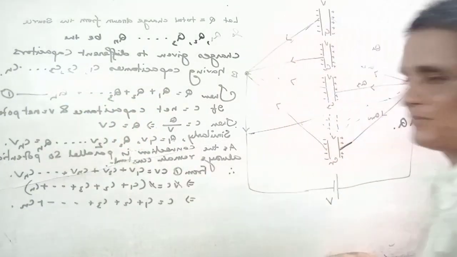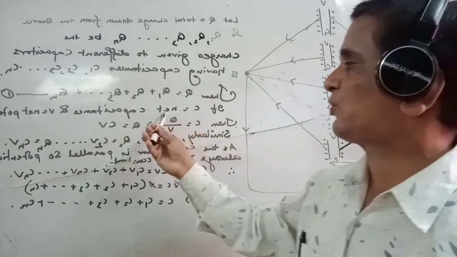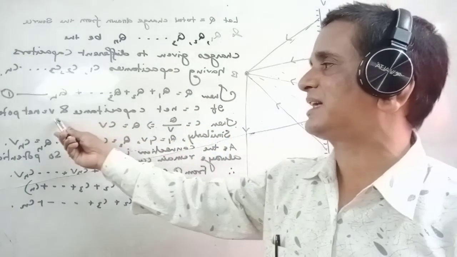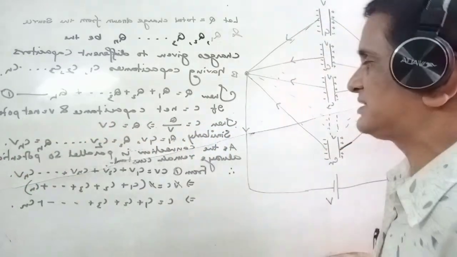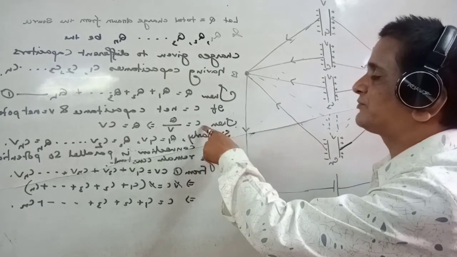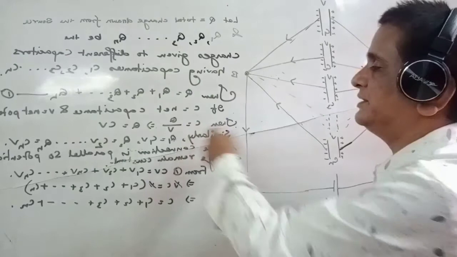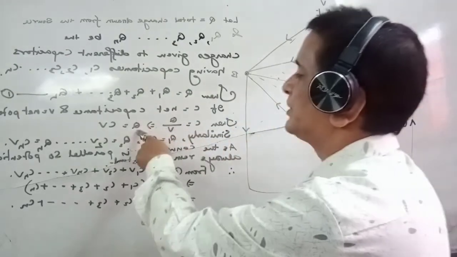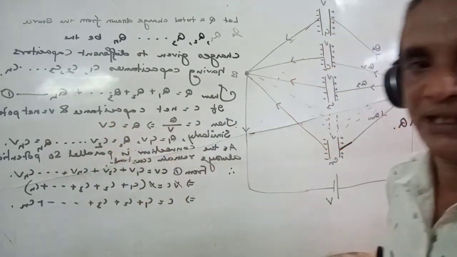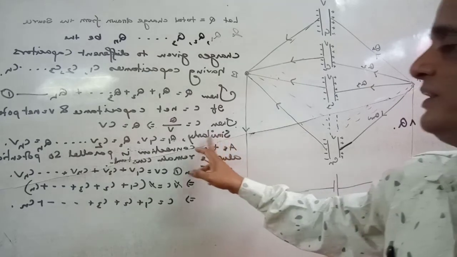Is it clear? If C equals net capacitance and V equals net potential, then from the definition of capacitance, C equals Q by V. It implies Q equals CV. Is it clear?